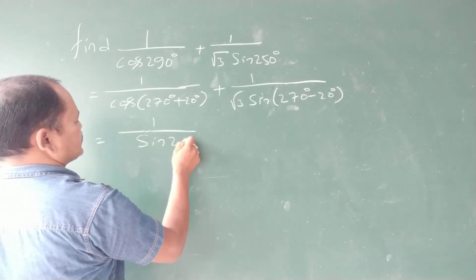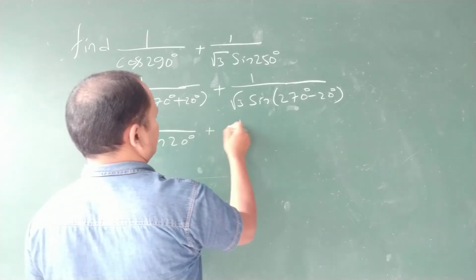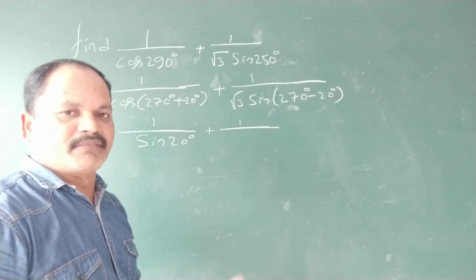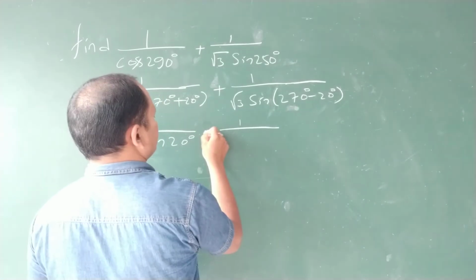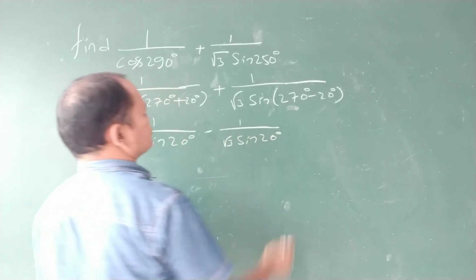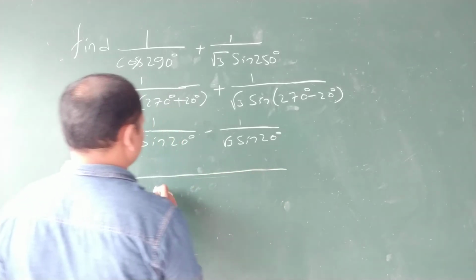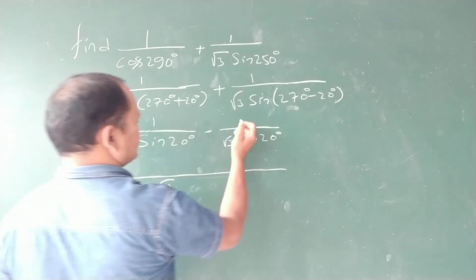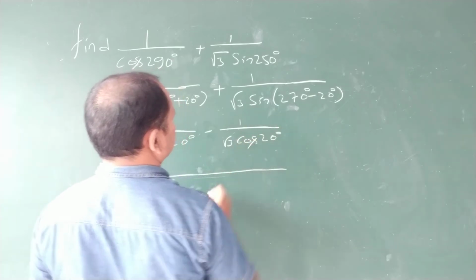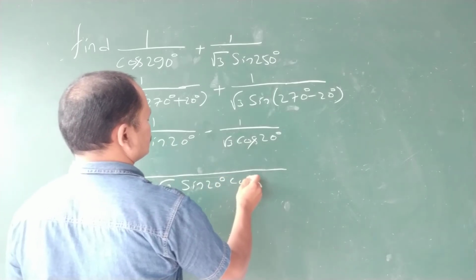According to that, this is sin 20 plus 1 by, here sin 270 minus theta is a minus. That's why minus of 1 by root 3 sin 20 degrees. Now take LCM, that is, the LCM is root 3 into cos 20. Since sin 270 minus theta is cos. So root 3 sin 20 into cos 20.